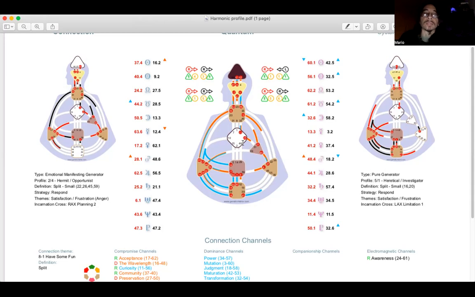There are many more phrases for the different numerical connections, whether it's 9 and 0, nowhere to go, 8 and 1, have some fun, 7 and 2, work to do, 6 and 3, better not to be. I don't take these so literally. As usual, there are ciphers within ciphers with Human Design, so that can be broken down to greater understandings.